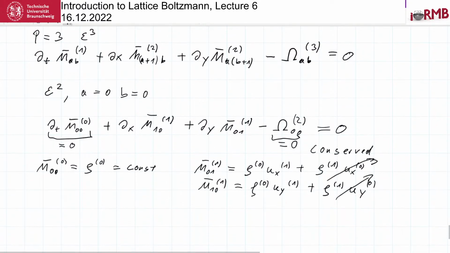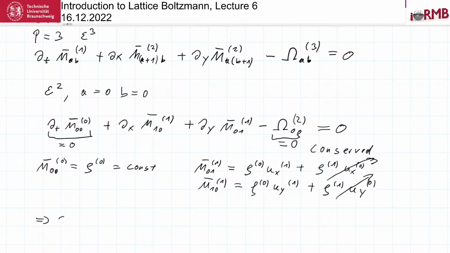And this means we get to the equation dx rho 0 ux1 plus dy rho 0 uy1.